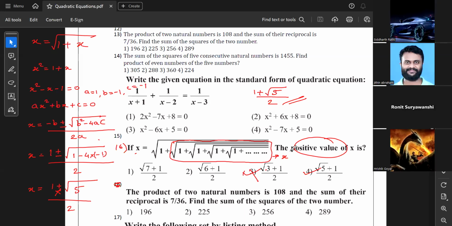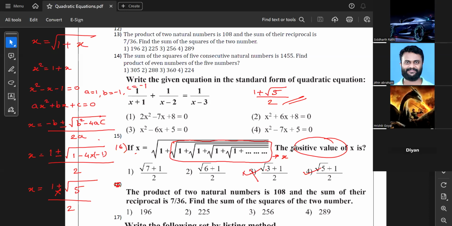Next, Siddharth, tell me what's your query. Sir, my query is this: why do we exclude just one root while considering the others as x? See what happens. If I had excluded two roots and considered the rest as x, then my equation would have been x equal to under root of 1 plus under root of 1 plus x.